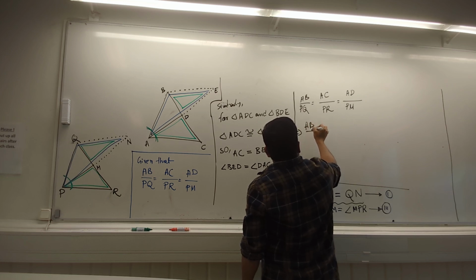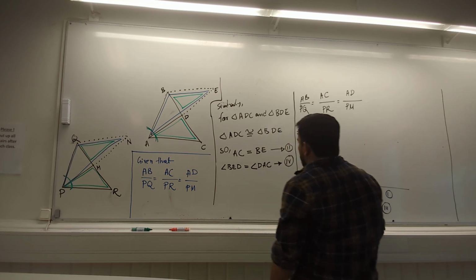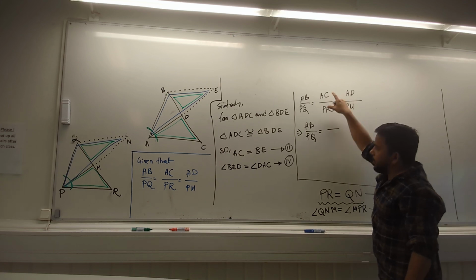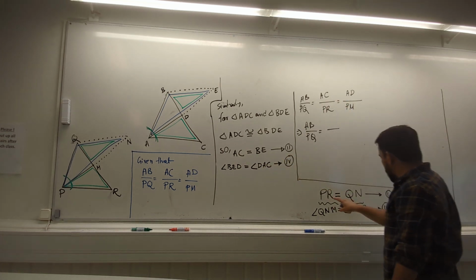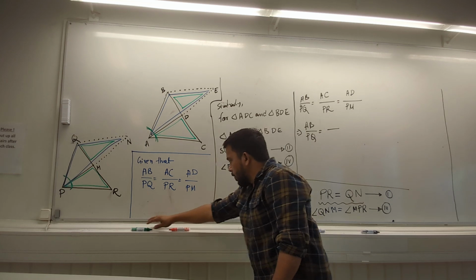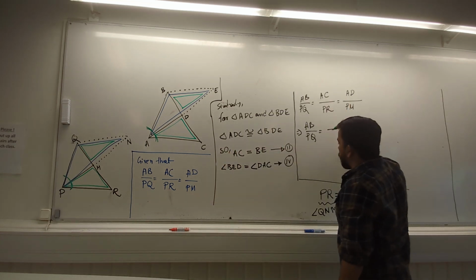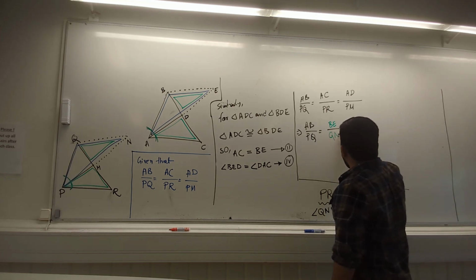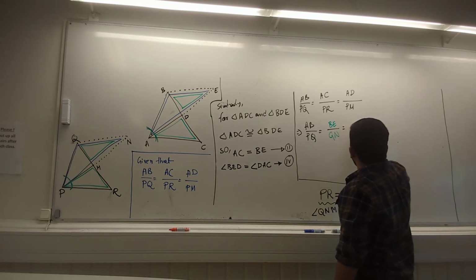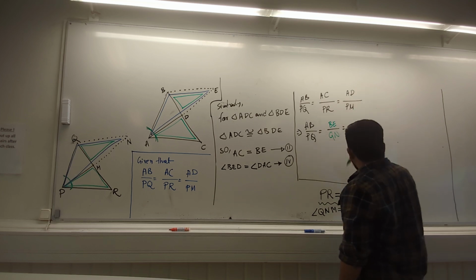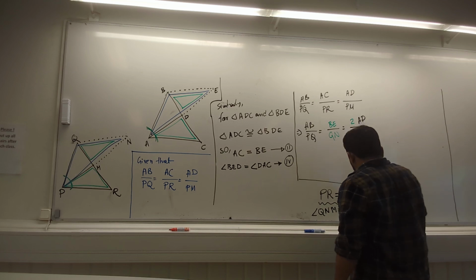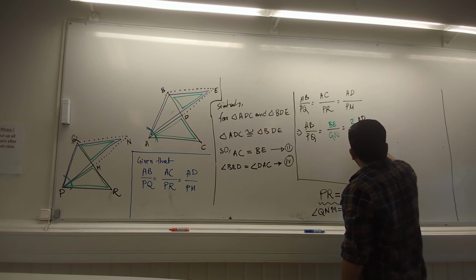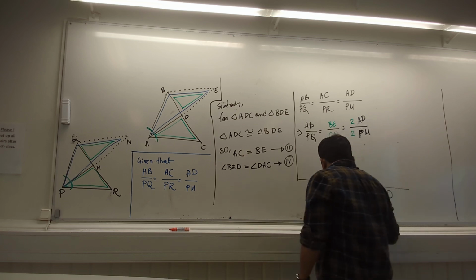I can write AB divided by PQ, and in place of AC and PR, I can replace AC with BE and PR with QN. Then, since this is AD divided by PM, I can also write 2 times AD over 2 times PM.